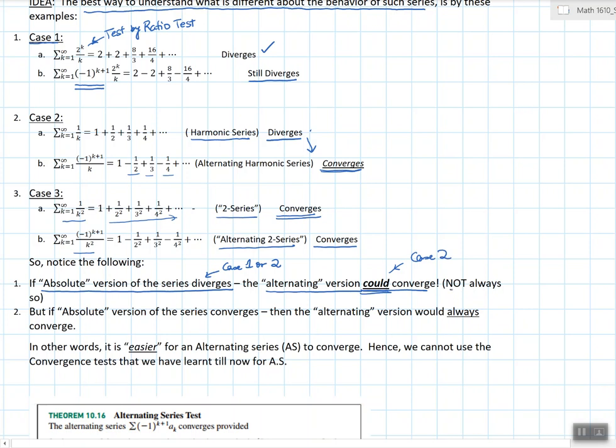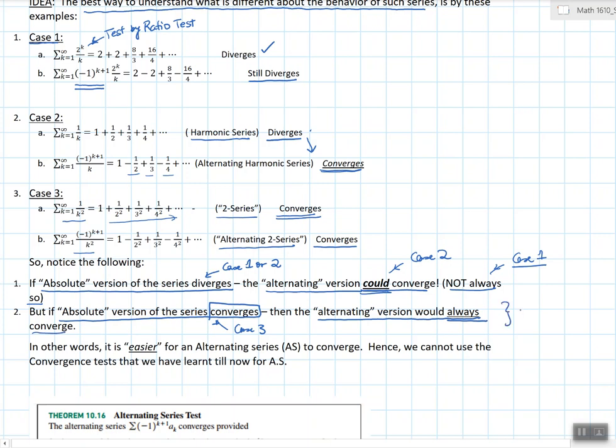But that is not always so, because as you saw in case 1, the alternating version diverged. Now, if the absolute version of a series converges, this we are talking about case 3, then the alternating version would always converge.